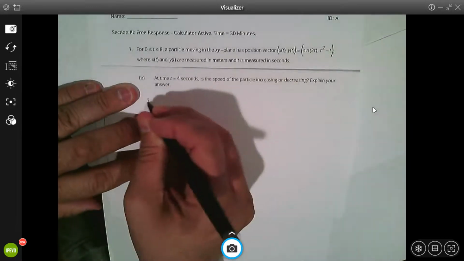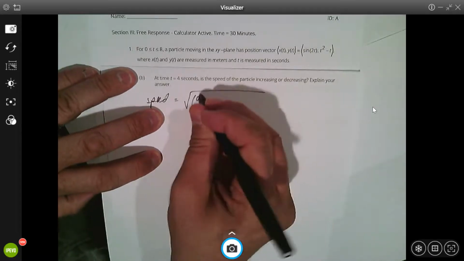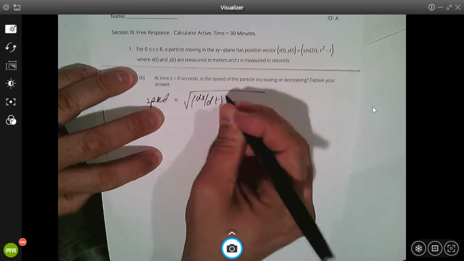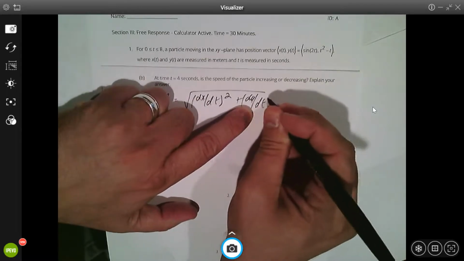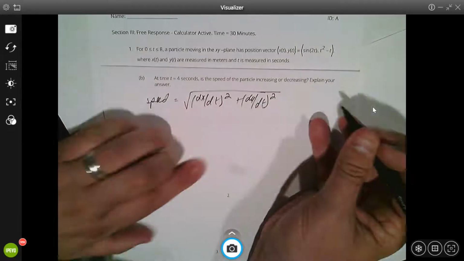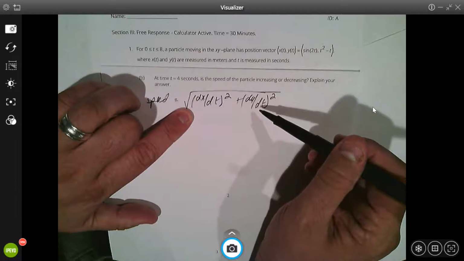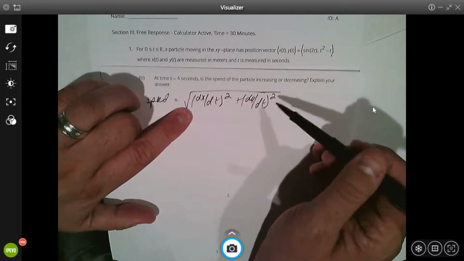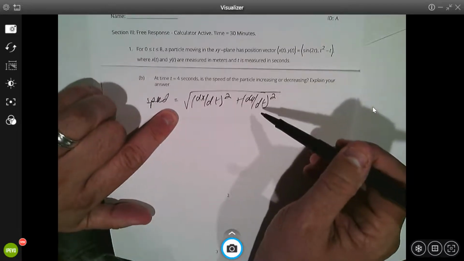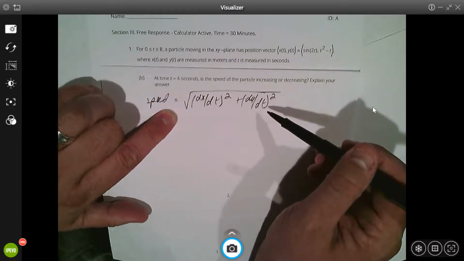And if the signs are different, one positive and one negative, the speed is decreasing. In parametric mode, though, we actually have a formula. We know that speed is the square root of the derivative of x squared plus the derivative of y squared. What we can do is take this information and find the derivative of this speed expression at t equals 4 and see what happens.